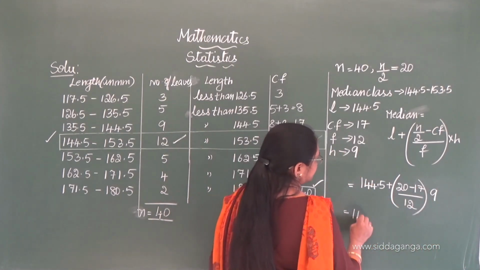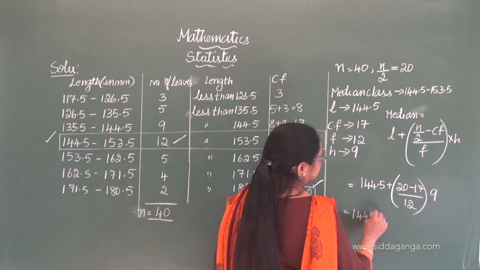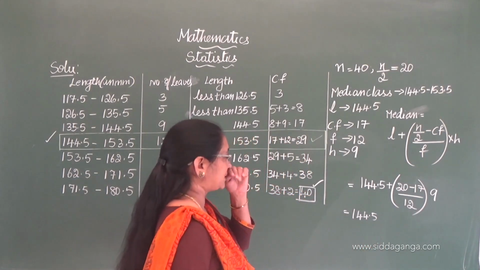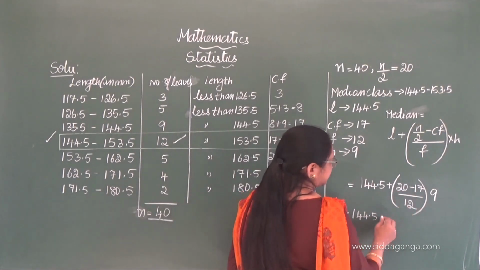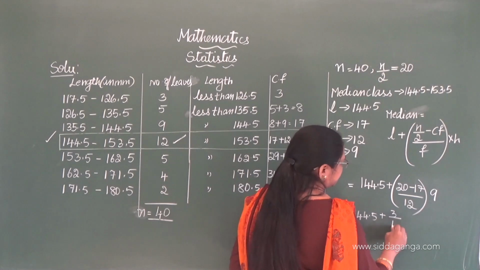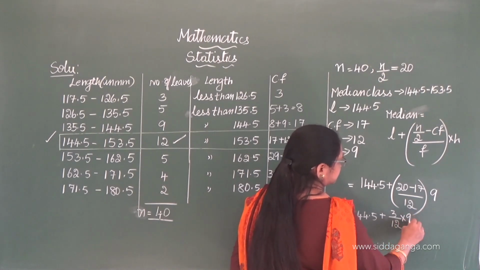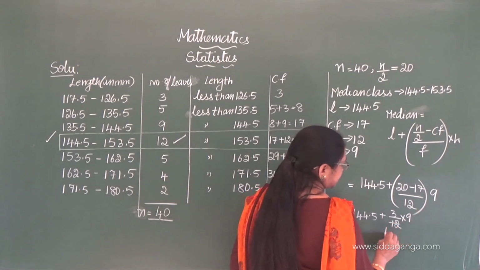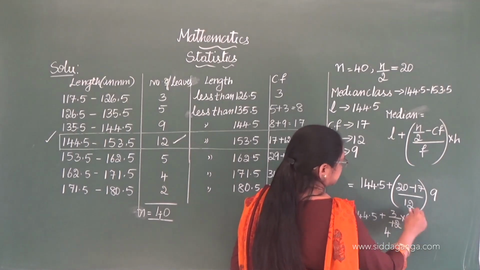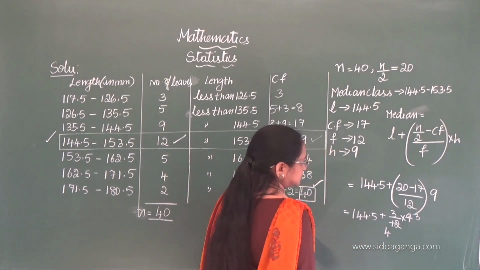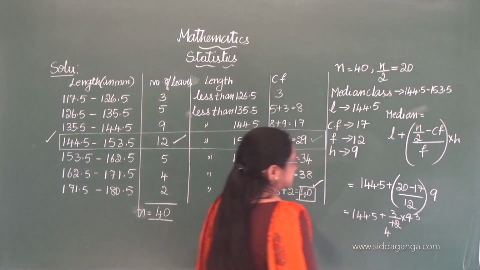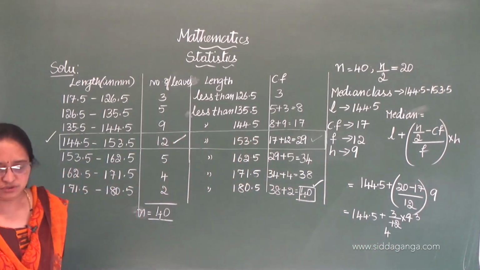So, 144.5 plus 3 by 12 into 9. 3 by 12, 3 4s are, 3 3s are 9 by 4.